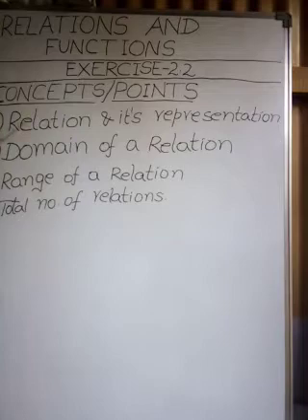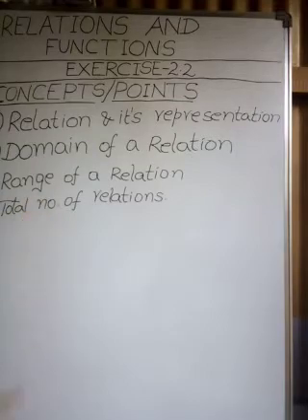The first point is relation. We discuss the definition of a relation. What is meant by a relation? And its representation. How can we represent a relation? That is the first point. And second point, domain of the relation. What is the domain of a relation? That is the second point.